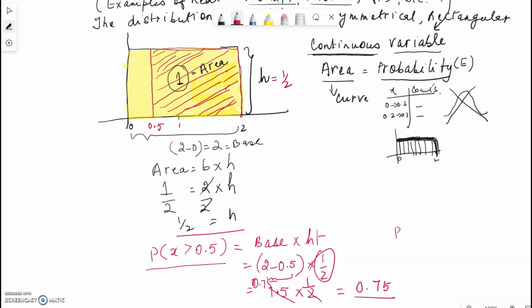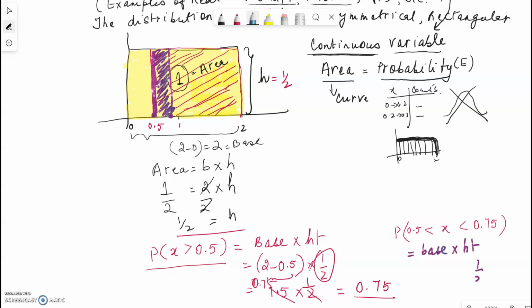Now suppose we have to find the probability that the random variable x lies between 0.5 and, let's say, 0.75. So all we have to do is go from 0.5, so I'm going to shade it in. We go up to 0.75, which is about here, and we find the area in between, right? It's again a rectangle, so we go base times height.